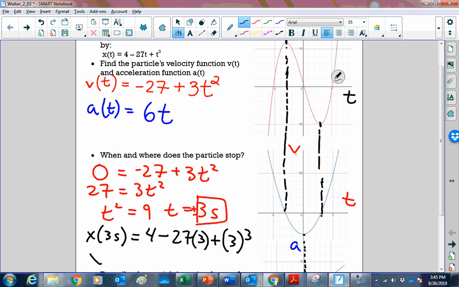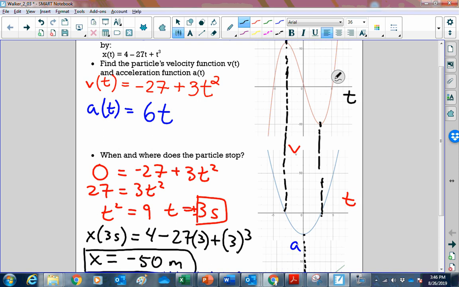Okay. So when I solve that out, I get negative 50, which I think this problem had given us, I think, meters as our units.